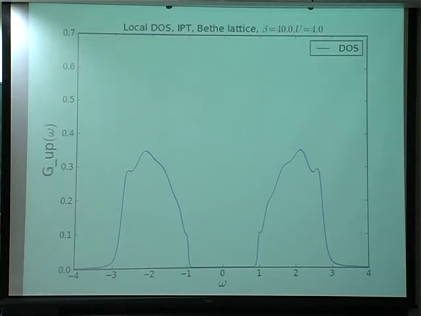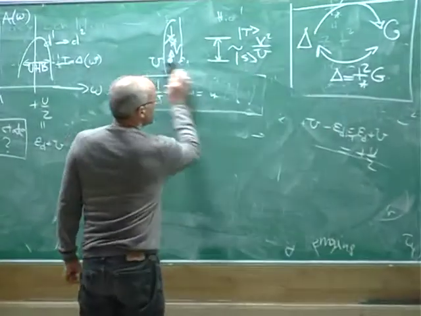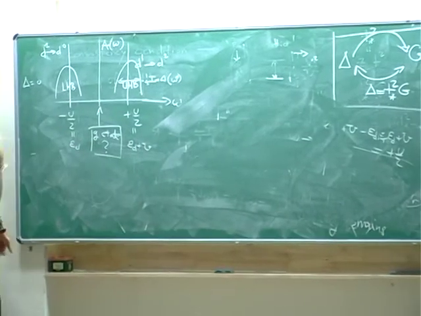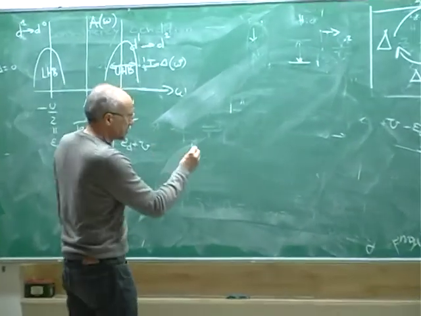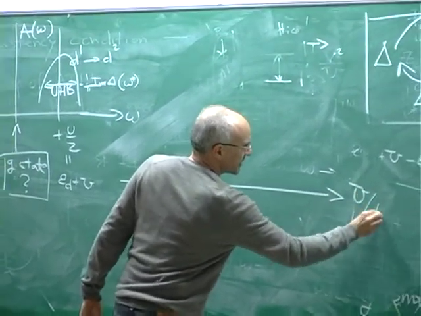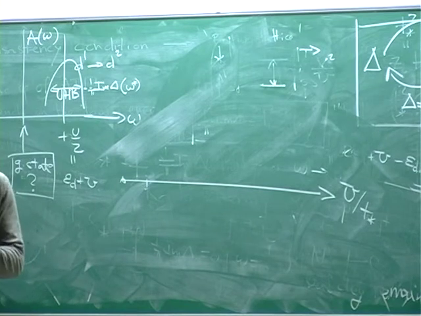If you actually, just to finish, if you actually do this carefully, what you will find is that the situation is actually a little bit more tricky. Let me do 0 temperature as a function of U over T star. So beware of what I'm doing here.